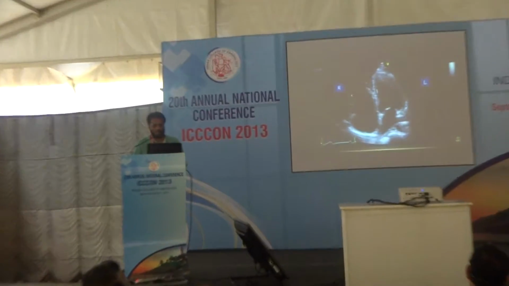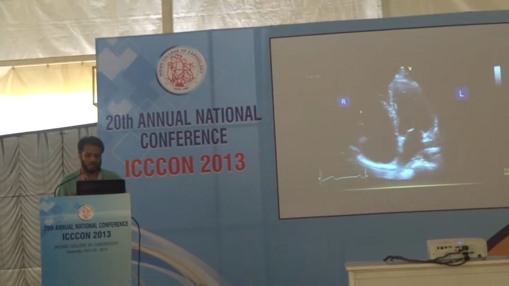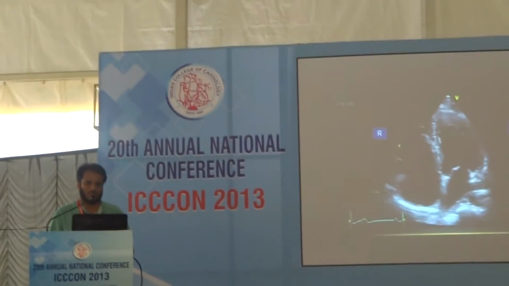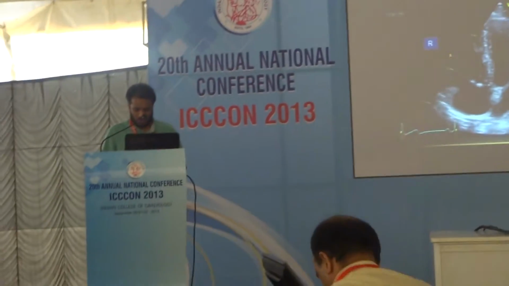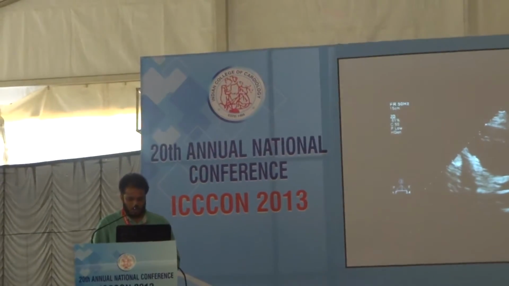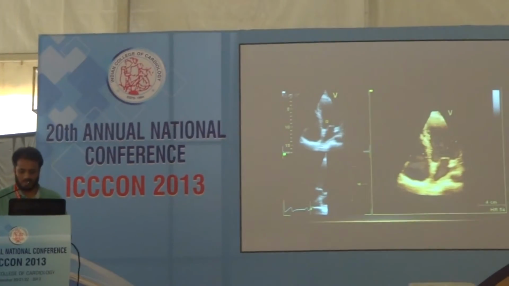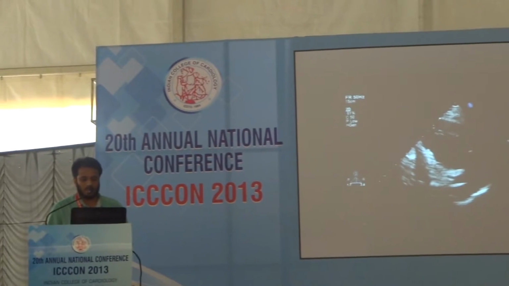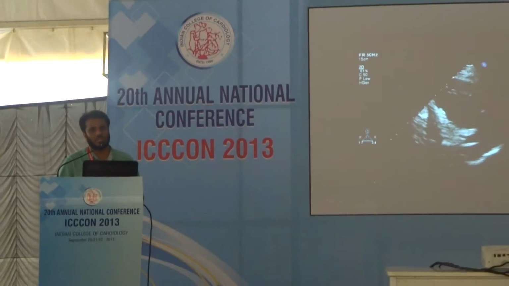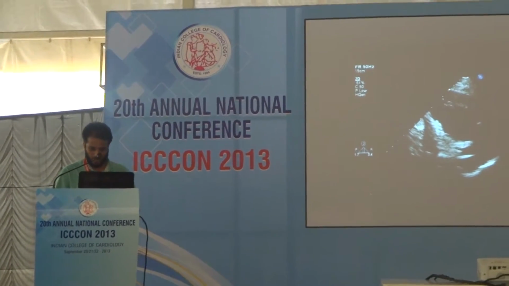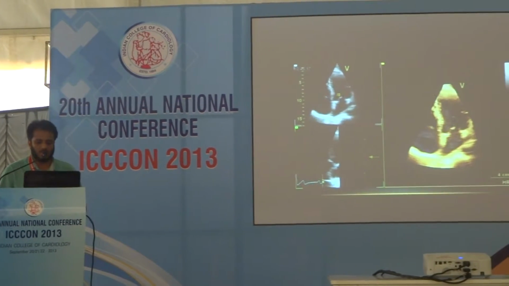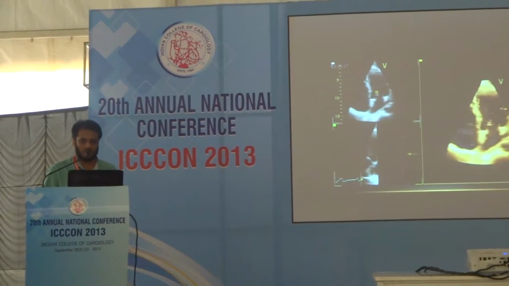It is clearly seen in the four-chamber view, a highly echodense vegetation attached to the septal leaflets of the tricuspid valve. It was confirmed by the RV inflow view that the vegetation is attached to the anterior leaflets of the tricuspid valve also. This is a 3D view of the current status of the vegetations.